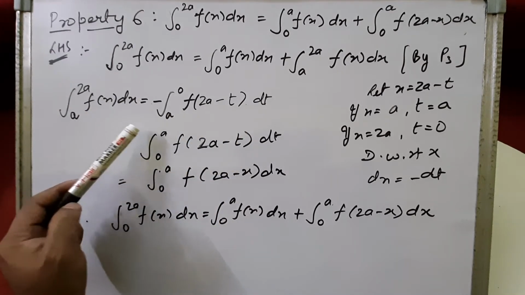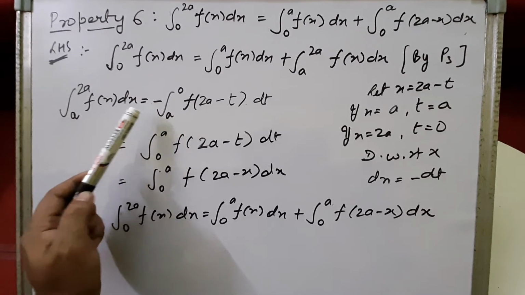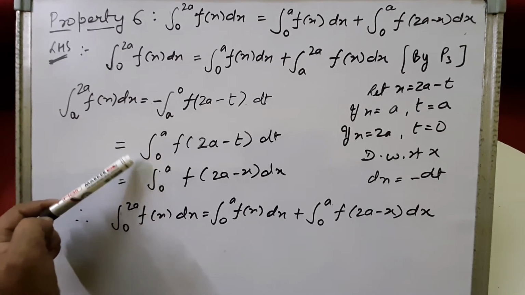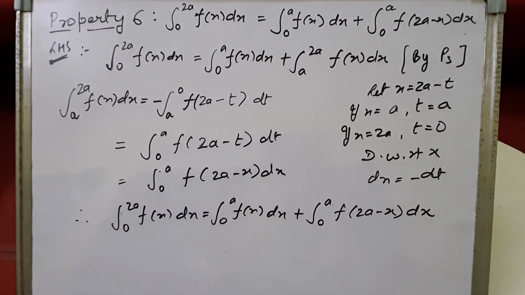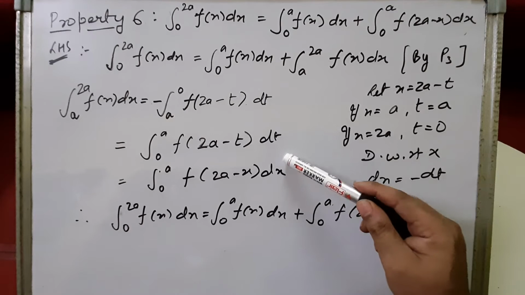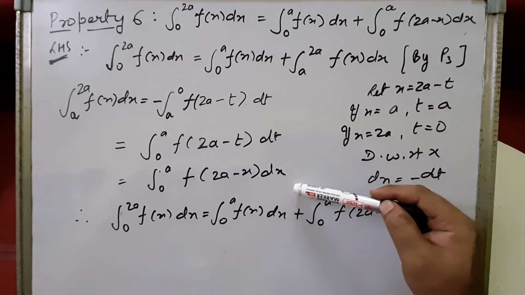Okay. Now again, when we interchange the limit, the minus sign will come outside. So this minus, that minus will become plus, minus into minus plus. So the limit will be 0 to a f(2a minus t) dt. Now by property first, we can change the variable. In place of t, we can write x. So 0 to a f(2a minus x) dx.